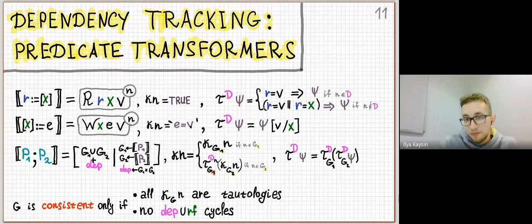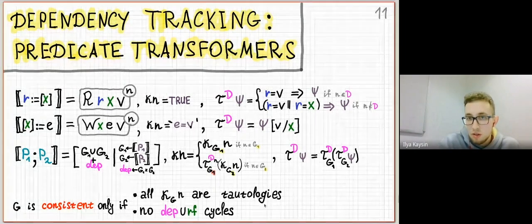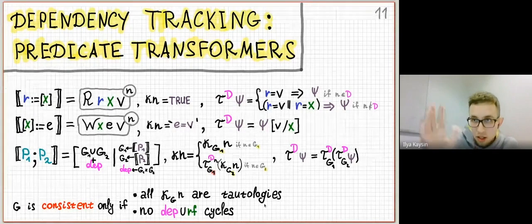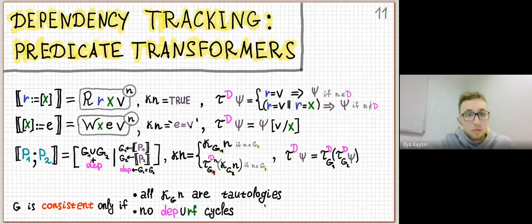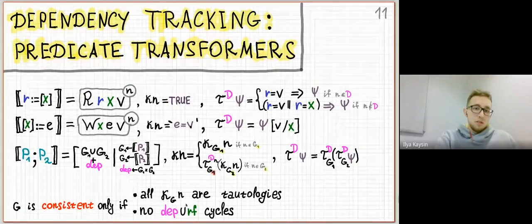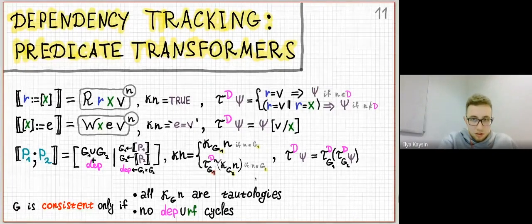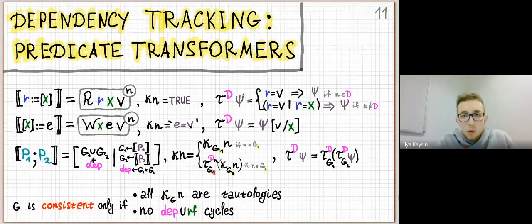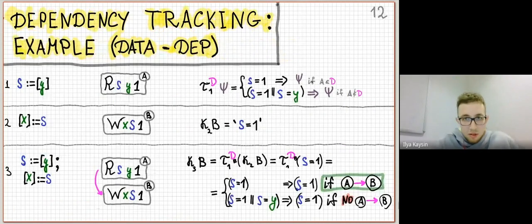But we require that all the preconditions are tautologies. So this is the intuition behind how we enforce dependency edges. Let me show you a couple of examples to make it simpler.